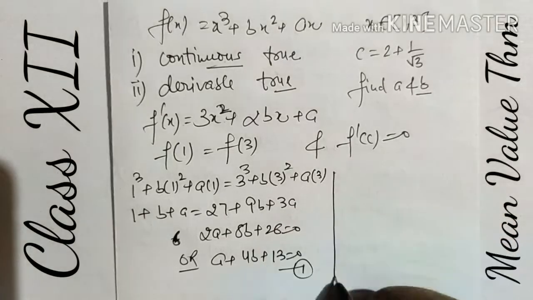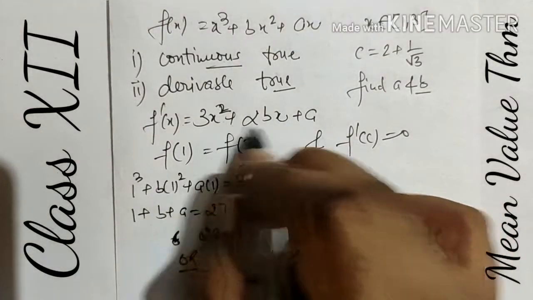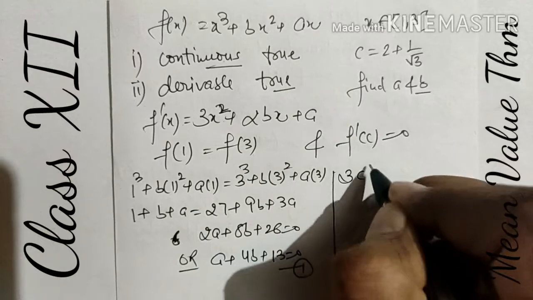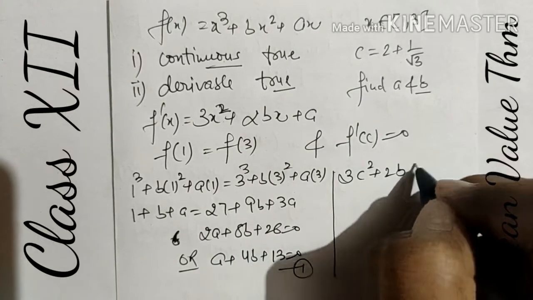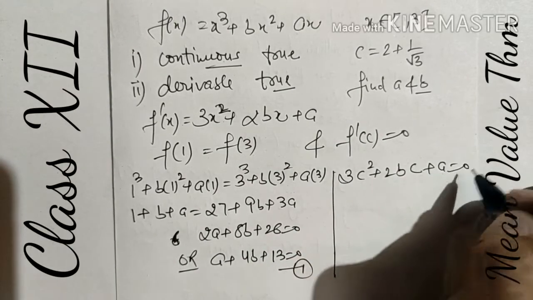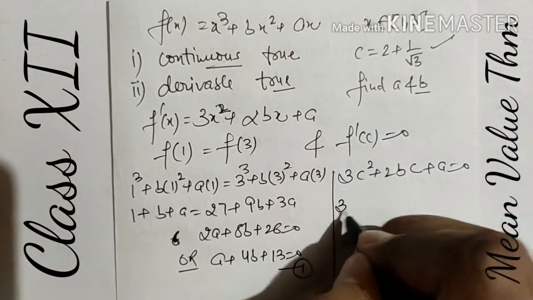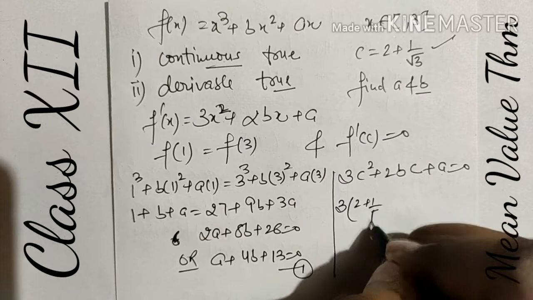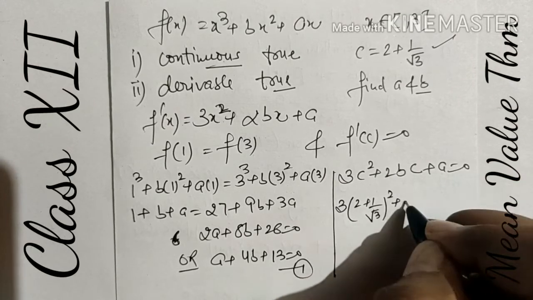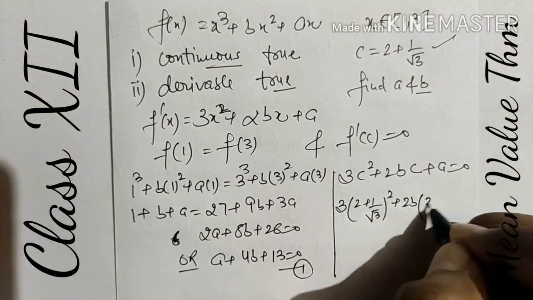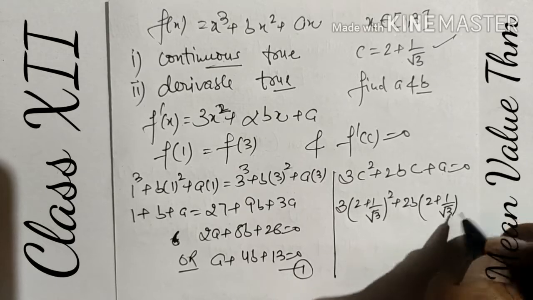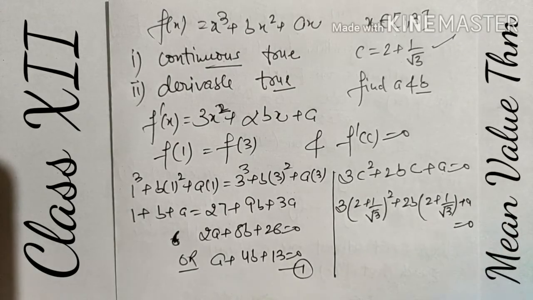On the other side, f dash c, the first derivative, 3c square plus 2bc plus a should be 0. The value of c is already given, so using this one, 3 times 2 plus 1 by square root 3 whole square plus 2b with the value of c plus a should be 0.